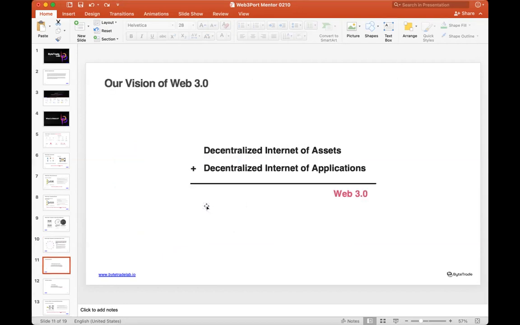So what is our vision of Web3? We believe that Web3 consists of two parts. One is the decentralized internet of assets. The other is the decentralized internet of applications. And they are equivalently important, imperative to users. So it's not just the money.